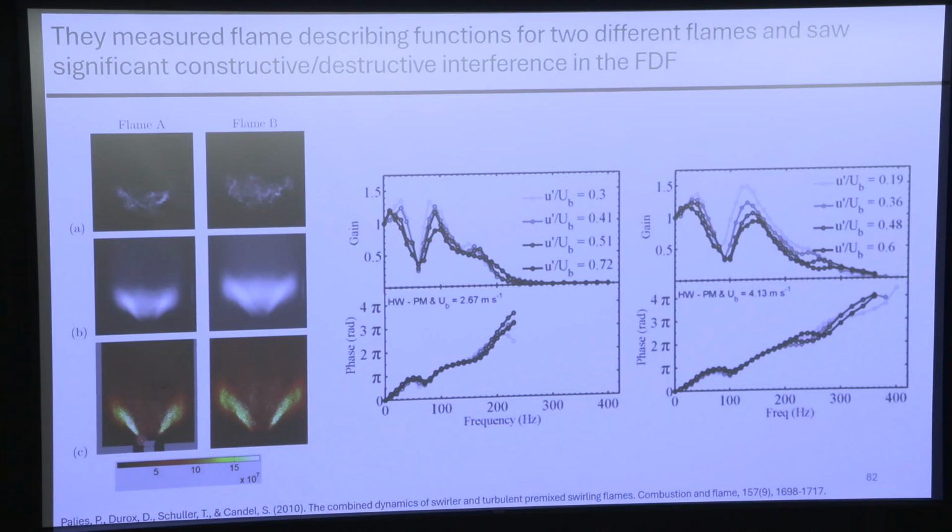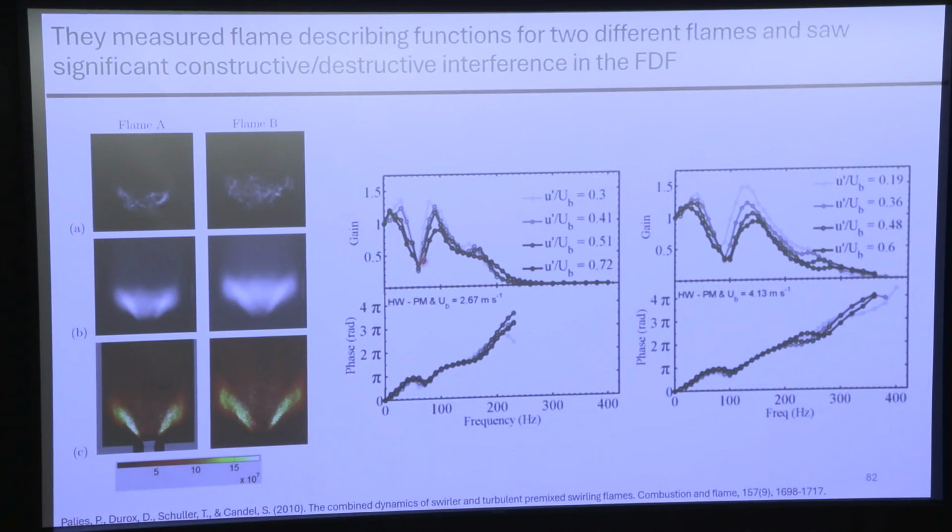But anyway, you can see flame A is shorter than flame B. What's being shown here are the flame transfer functions, or what they call the flame describing functions, and we'll have a sidebar on that in just a second, of the two flames. Flame A on the left and flame B on the right.